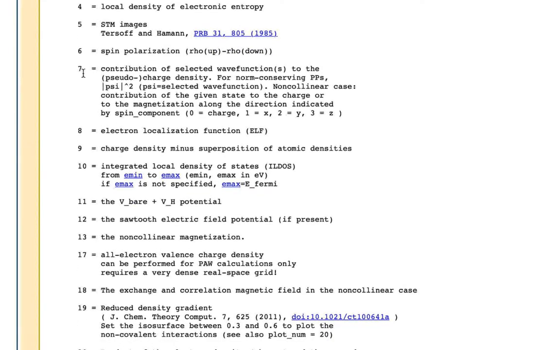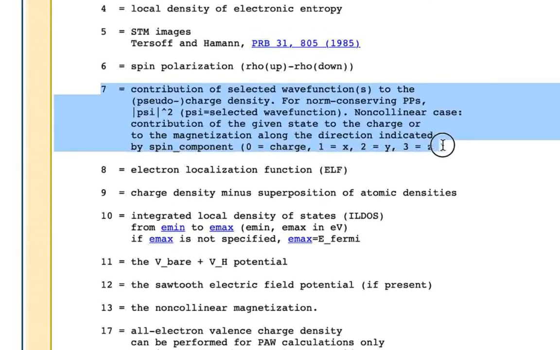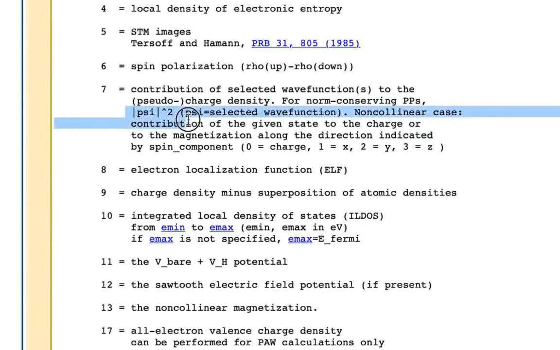We'll be using 7, which basically gives the contribution of selected wave functions, or in simpler words, it gives you psi squared, that is the square of the molecular orbital.